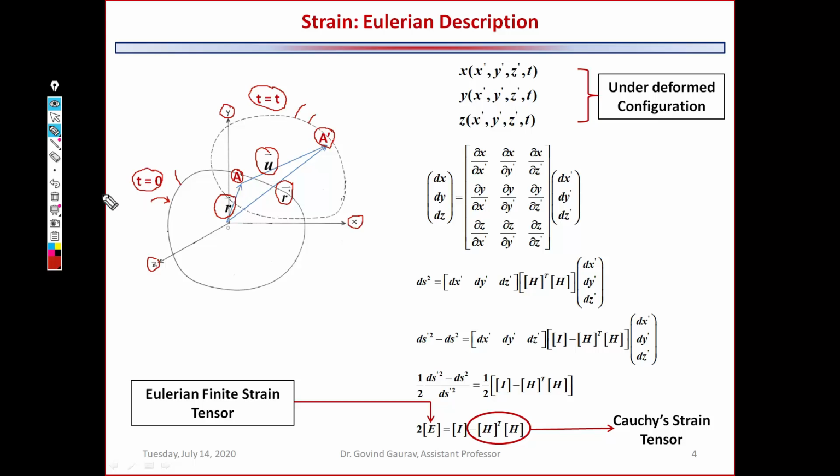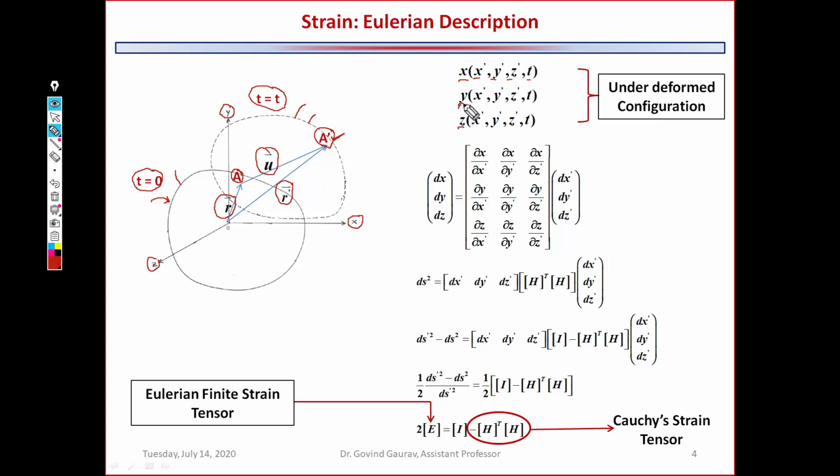So in terms of the Lagrangian descriptions, the coordinates x, y and z will be referred to in the context of the deformed configuration. So what will be the deformed configuration? It will be with respect to the coordinate A dash. So the coordinates of A dash would be x dash, y dash, z dash at time t.